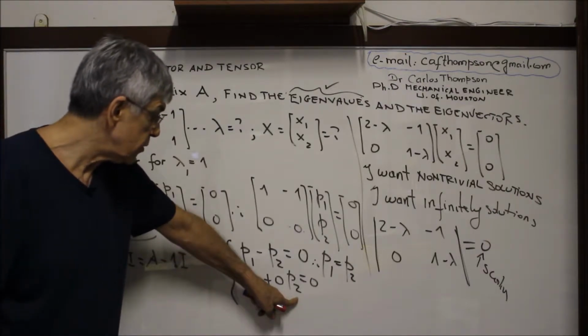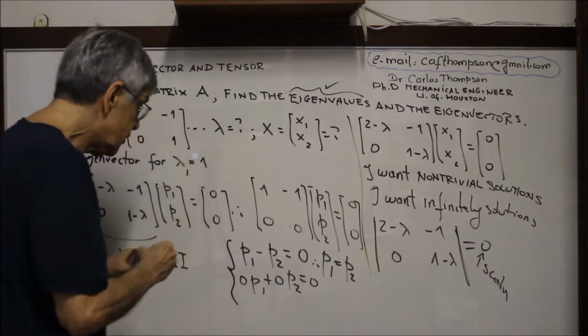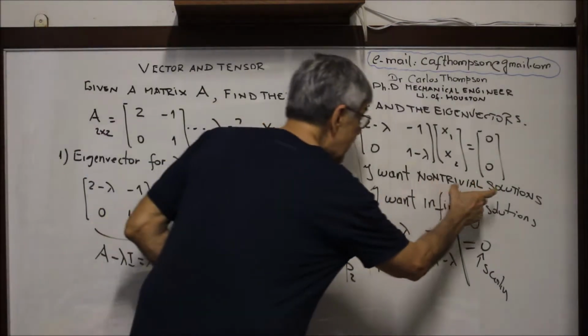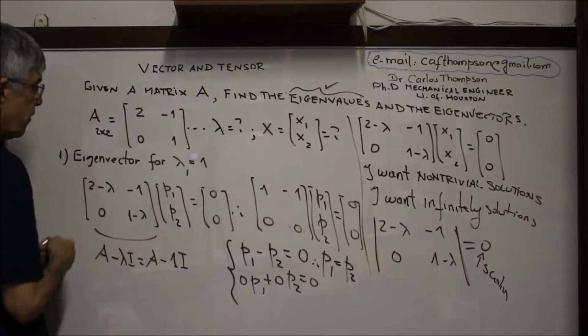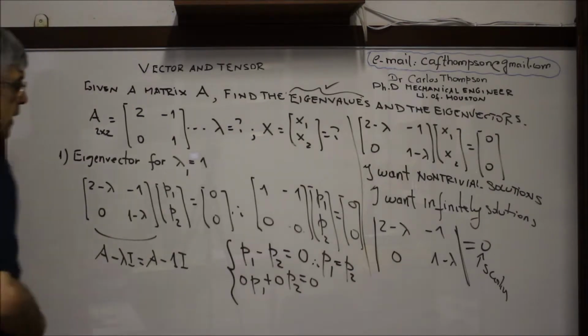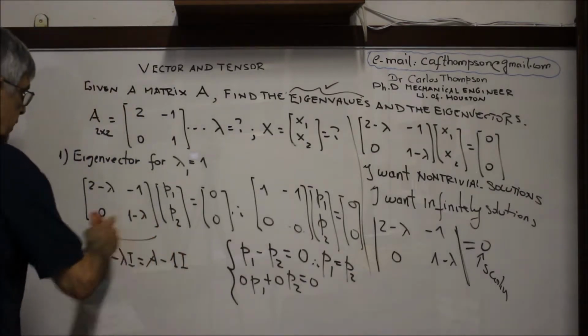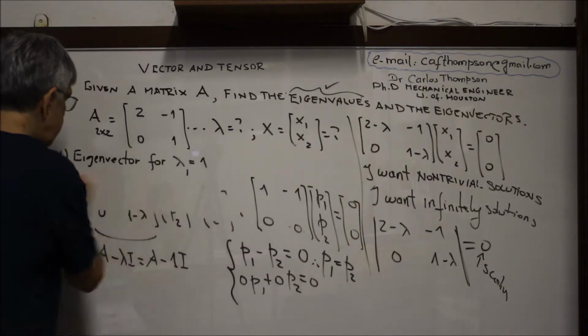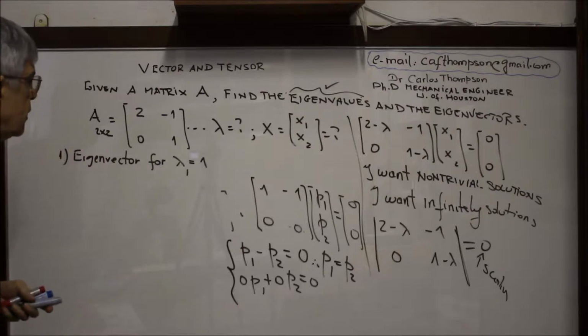It satisfies both. So I obtained infinite solutions for this eigenvector. That's right. Let's erase here and put my first solution.